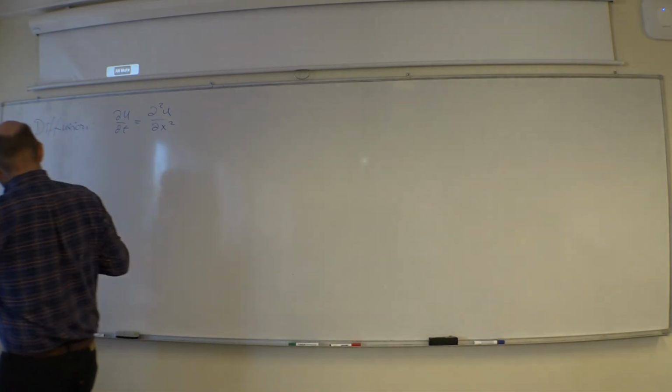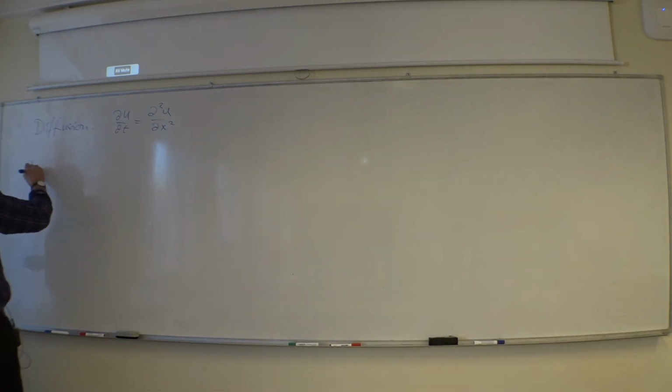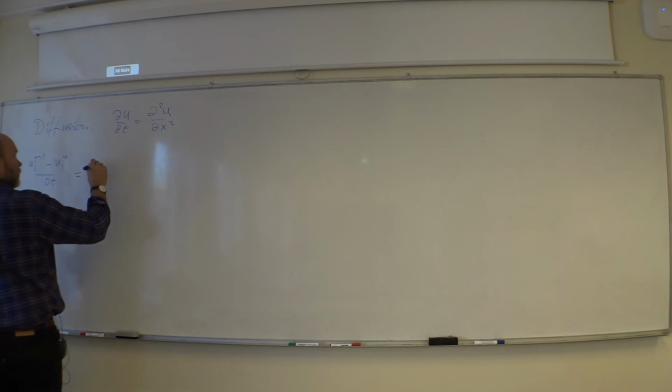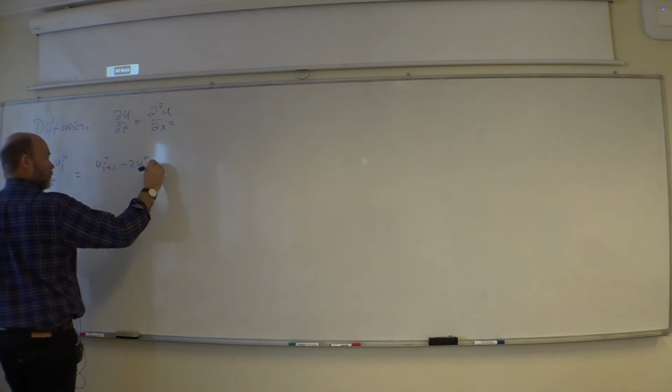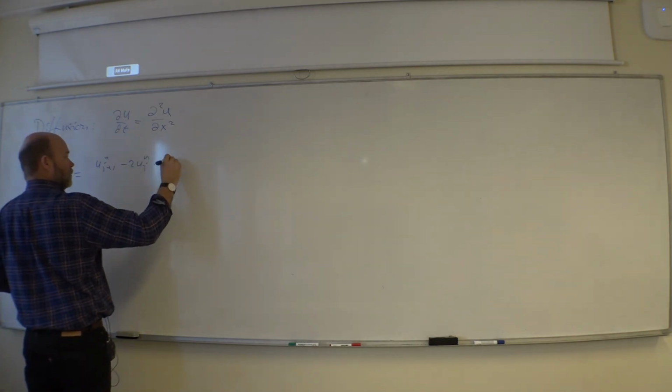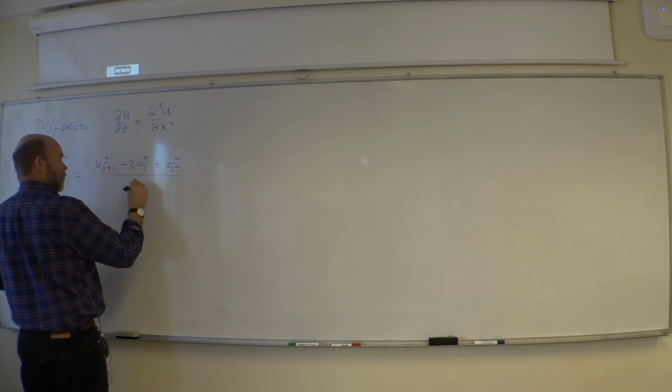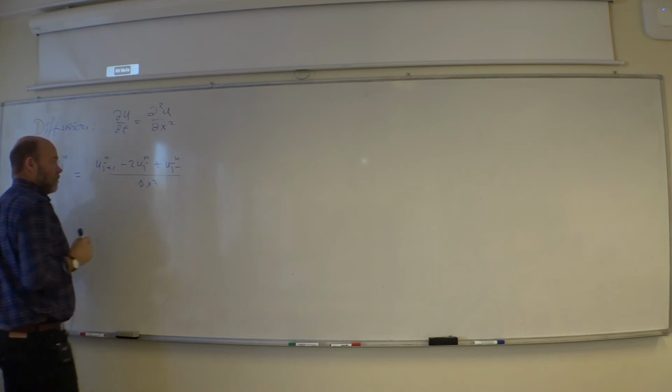And we had (u_j^(n+1) minus u_j^n) over delta t equals the double derivative: (u_(j+1) minus 2 times the center point plus u_(j-1)^n) over delta x squared.